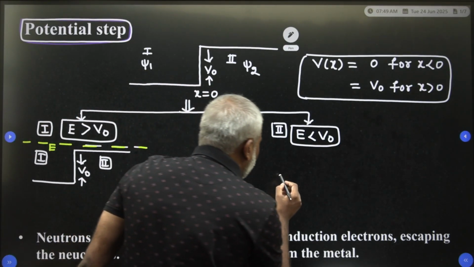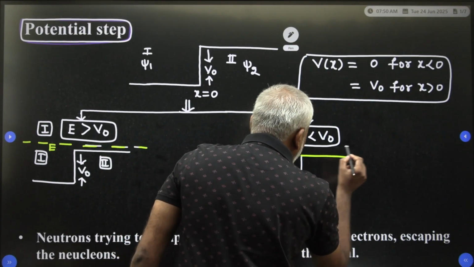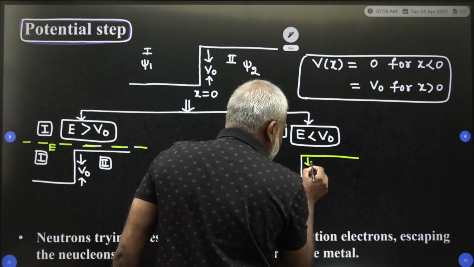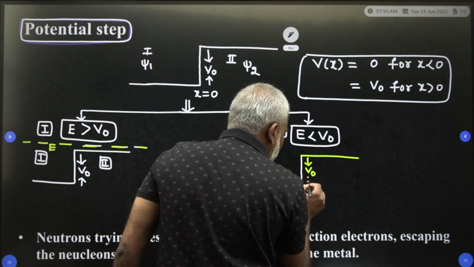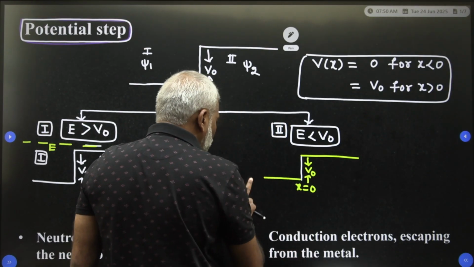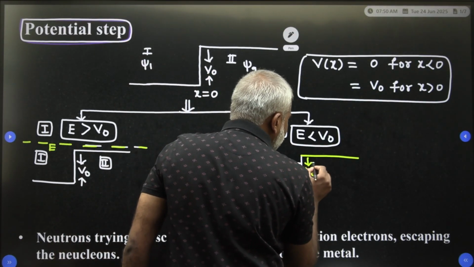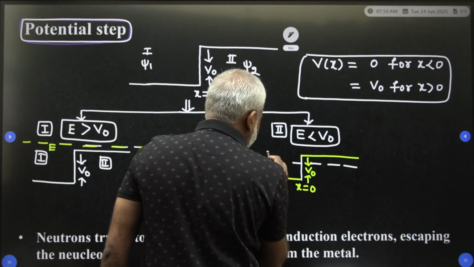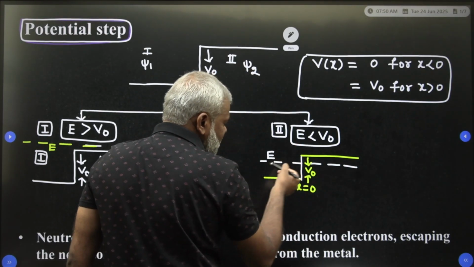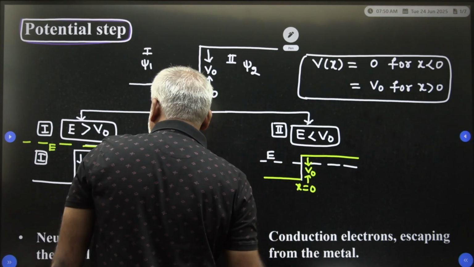Similarly, for the other case, this is the barrier of finite height at x equal to 0, and E is less than V naught.